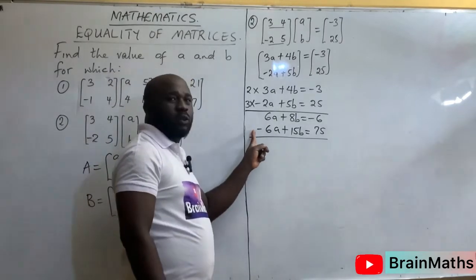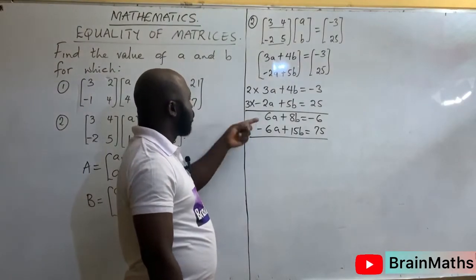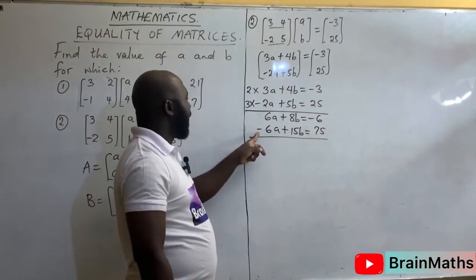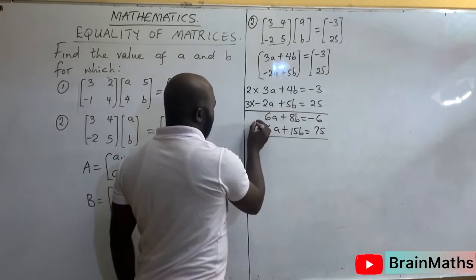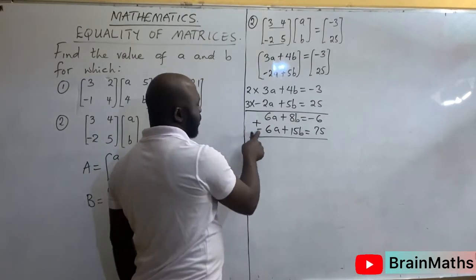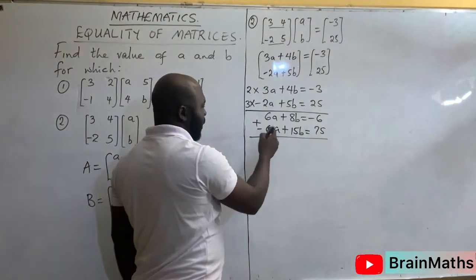Now we have to eliminate A. If you look at this place, we are already having a negative. So which sign are we going to put here to give us a 0? So it is better for us to use a positive. Plus times minus will still remain minus. 6 minus 6 will give us 0.